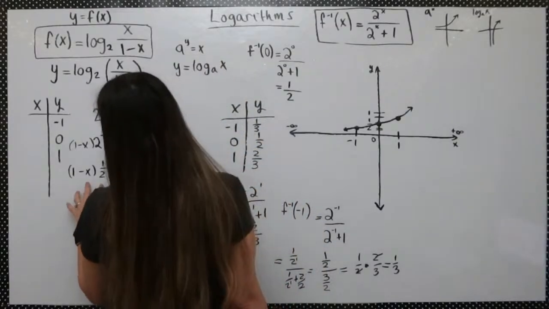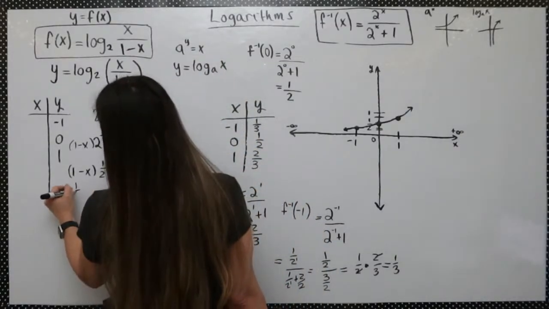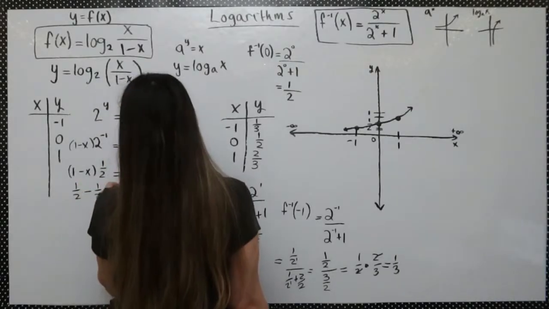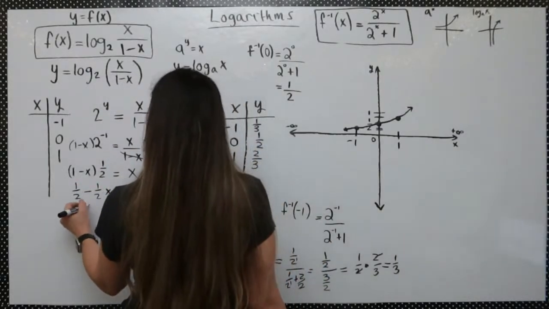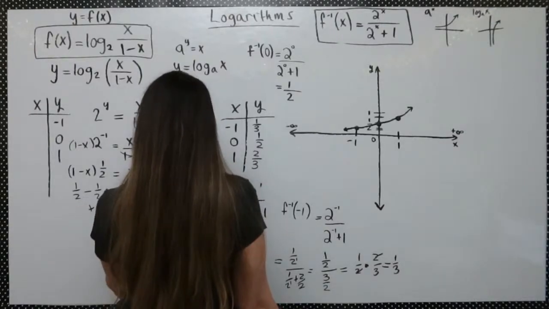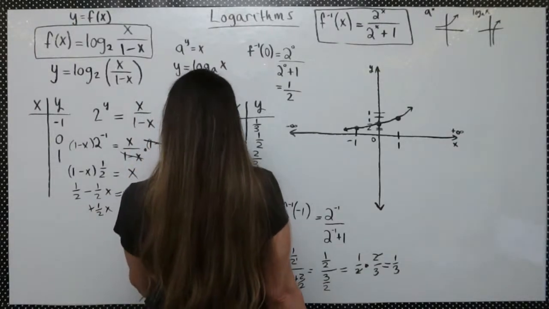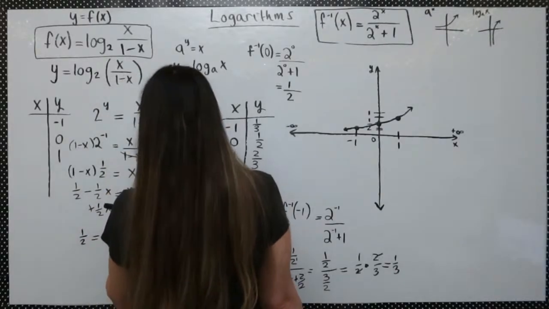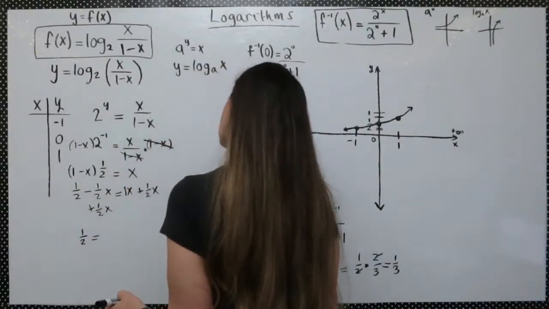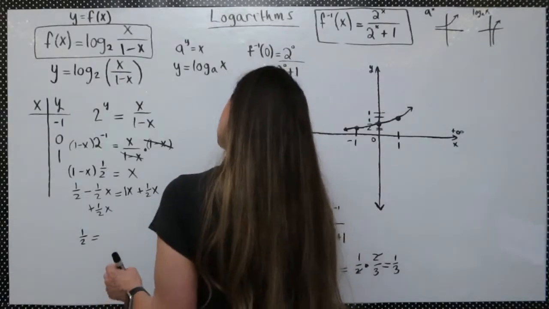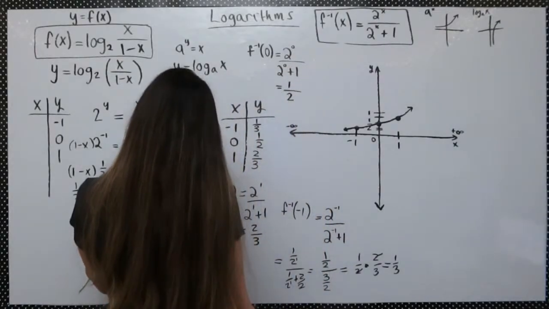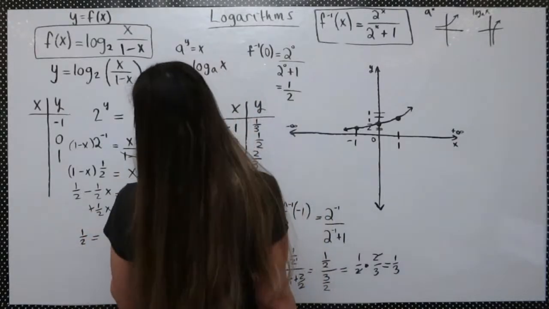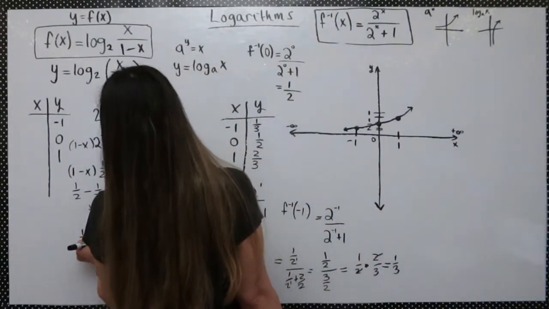So this is going to give you 1/2 minus 1/2 x equal x. And then add 1/2 x to both sides. And that's 1/2 equal, well, 1/2 plus 1 is 3/2. That's 2 over 2x, that's the way I think about it. 3/2 x.